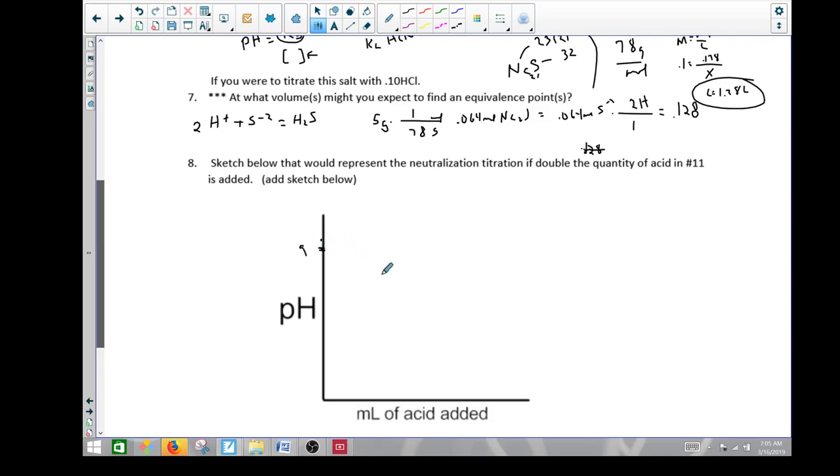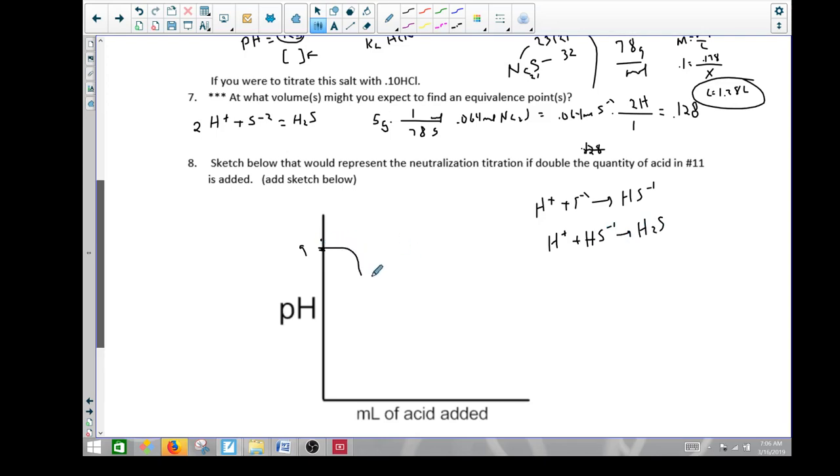Then we're going to titrate, and every time we add H+, S2- will first produce HS-, and then H+ plus HS- will give H2S. So we're going to have two equivalence points.